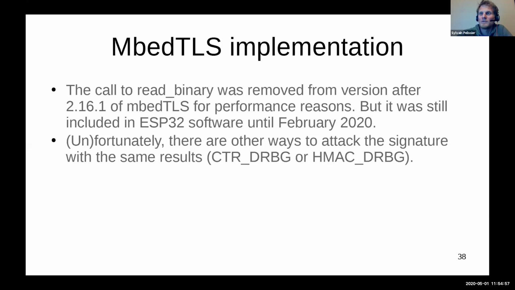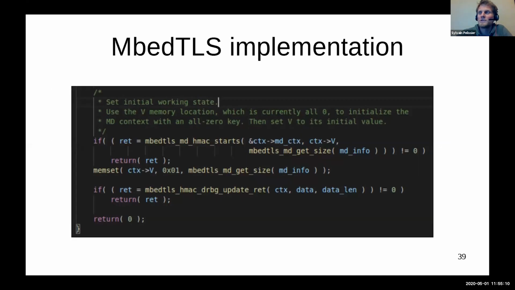I mean, we found a way, before the copy, to attack the signature generation by attacking the CTR-DRBG or HMAC-DRBG algorithm. I won't go too deep into the detail, but the idea is quite similar.